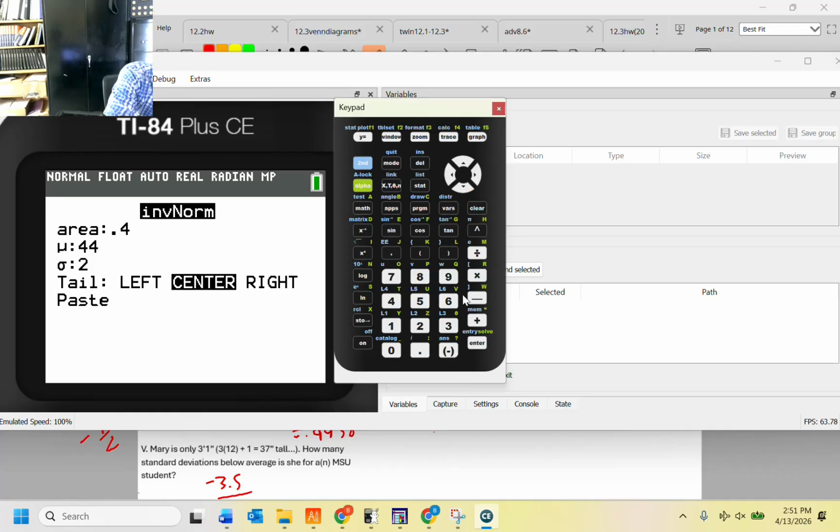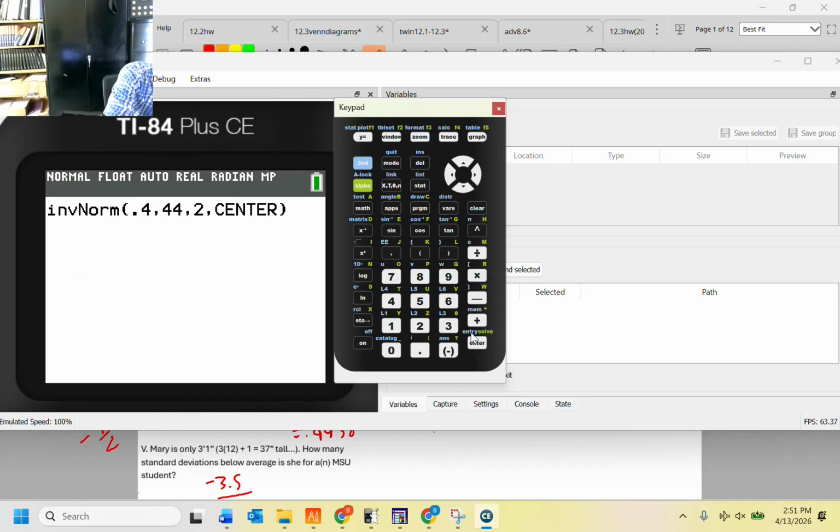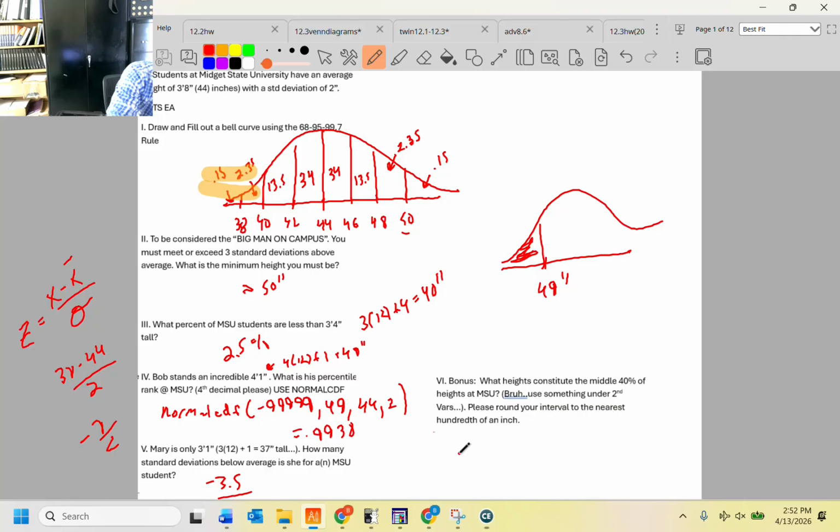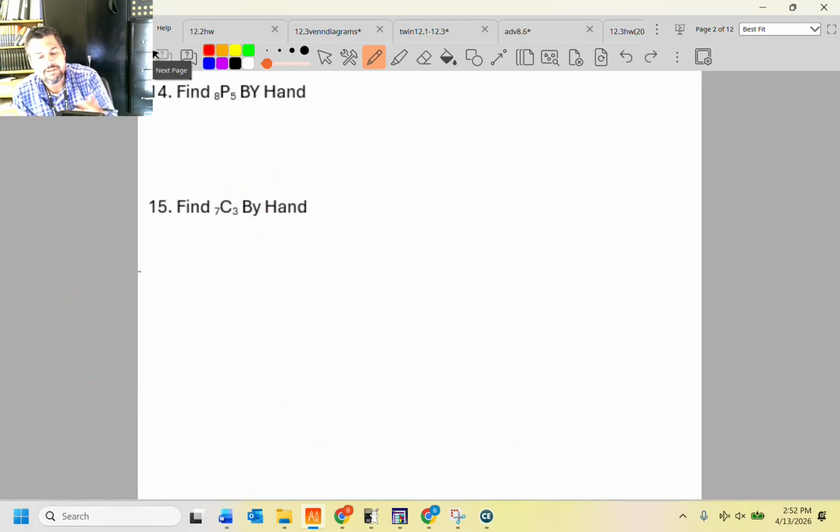And there we go. So between 42.95 and 45.05. That's the middle 40. All right, some stuff that was on the answer document, and then I'll get to the rest of these in a minute.